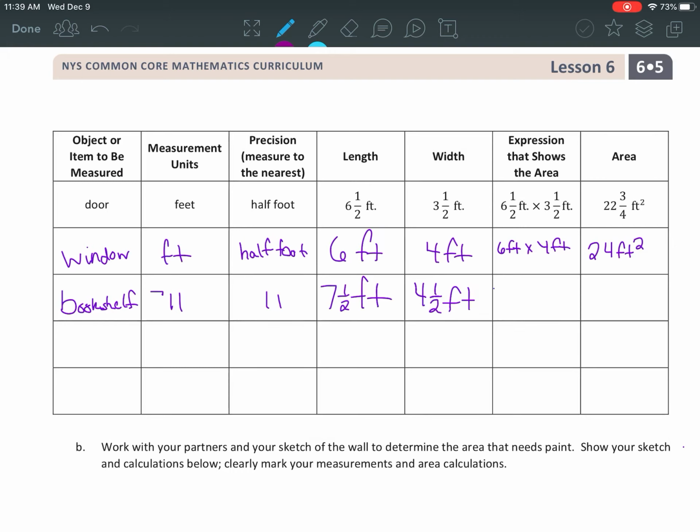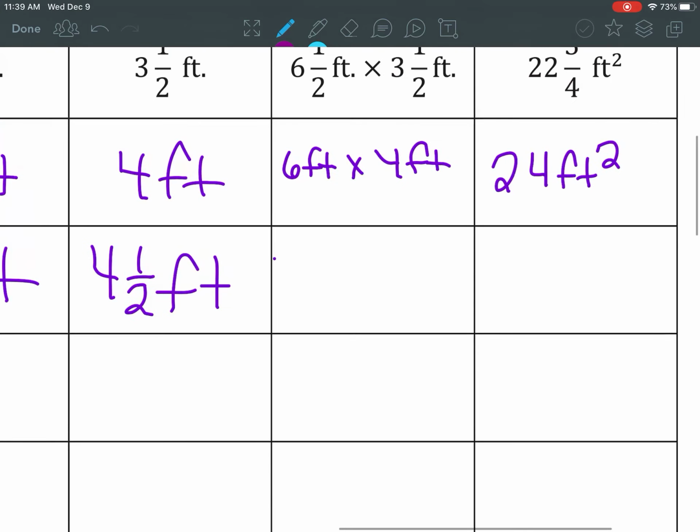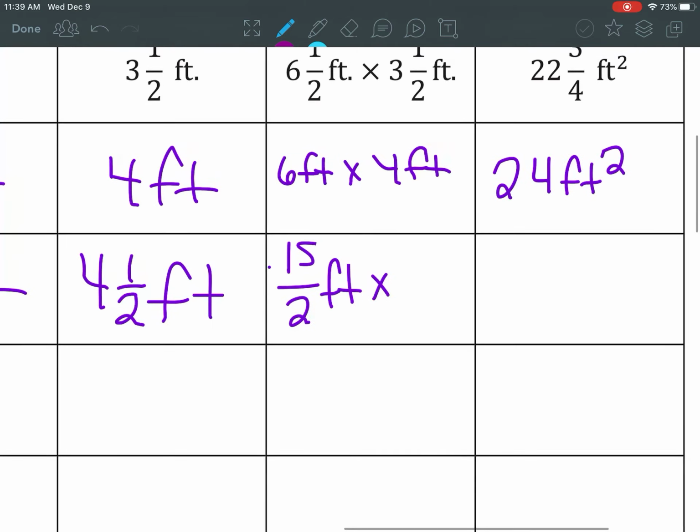So I would do the multiplication here. I'm just going to turn it right now into improper fractions. 7 times 2 is 14 plus 1 is 15, so 15 halves feet, times 2 times 4 is 8 plus 1 is 9, so 9 halves feet.